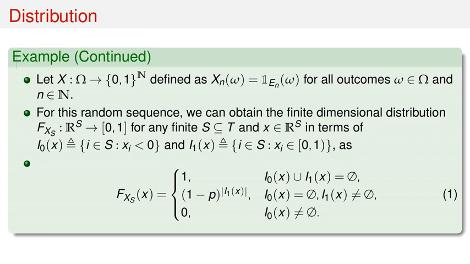And it's 0 if I_0 of x is not empty, i.e. at least one x_i less than 0. This is equation 1.